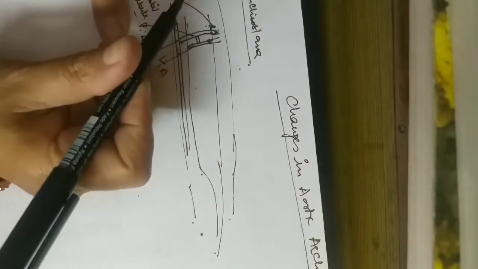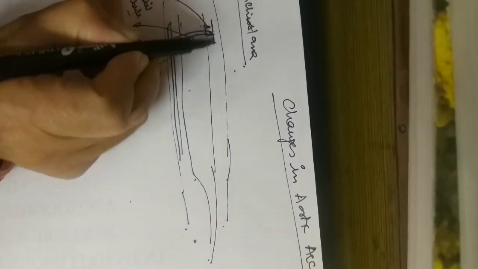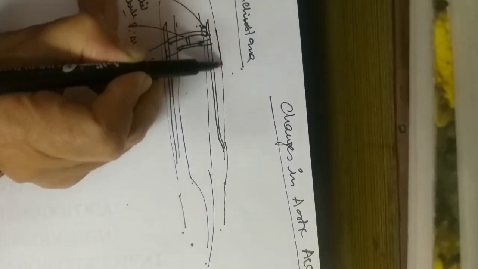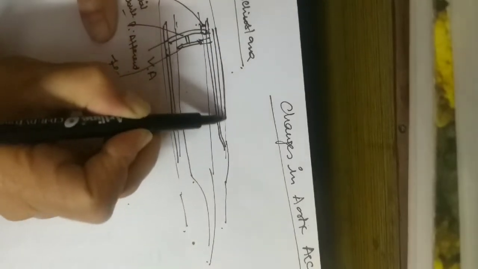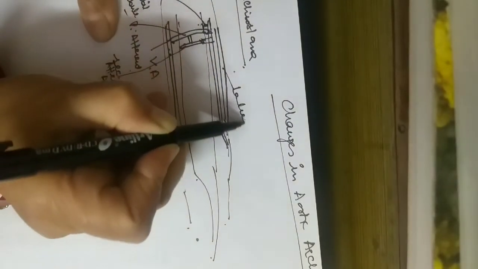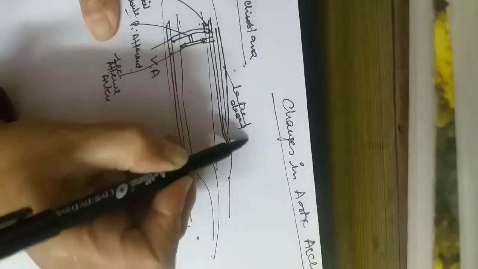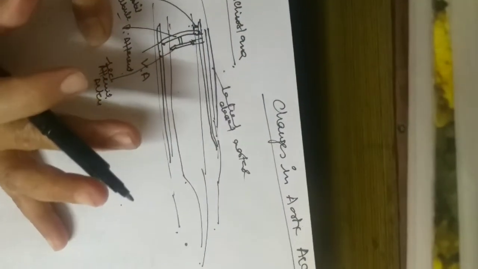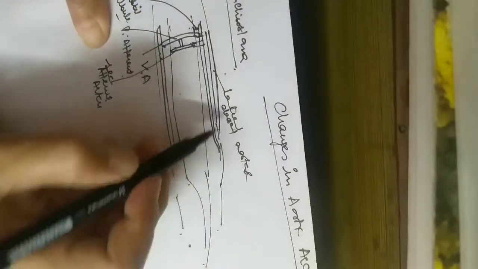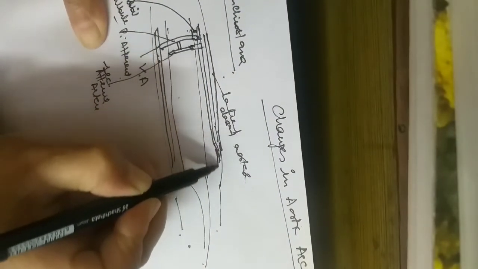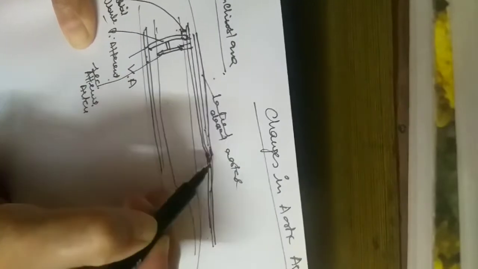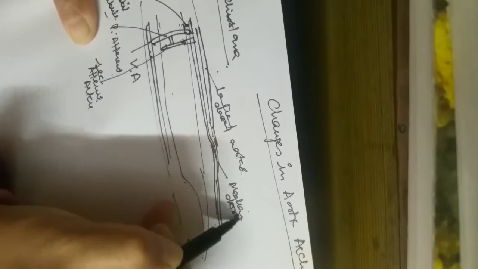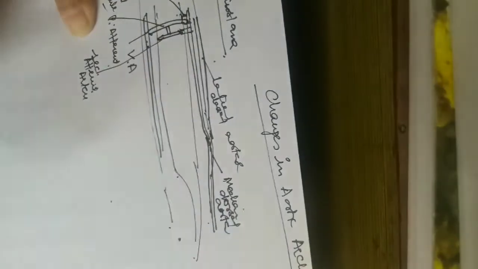They open into a paired lateral dorsal aorta. So these are the lateral dorsal aortae. The two run dorsally, and posteriorly they combine and run as a single vessel, which is called the median dorsal aorta.